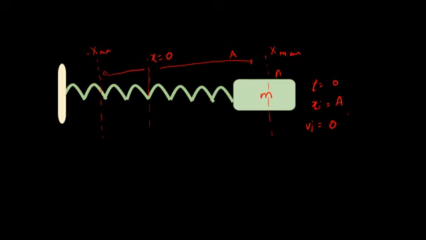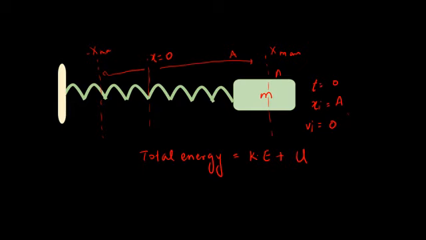What will be its total energy? The total energy of this harmonic oscillator is the sum of kinetic energy plus potential energy. The total energy is also called the mechanical energy of the system.